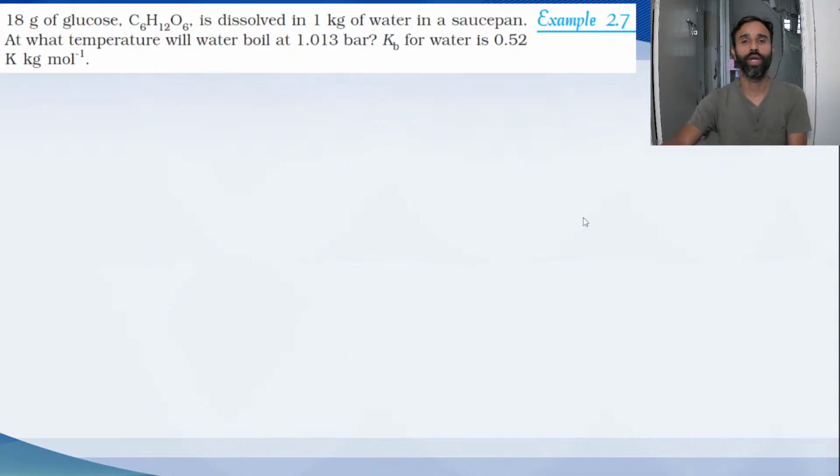Next, 2.7. 18 gram of glucose is dissolved in 1 kg of water in a saucepan. At what temperature will water boil at 1.013 bar? Kb for water is given to us, that is 0.52 Kelvin kg per mole.